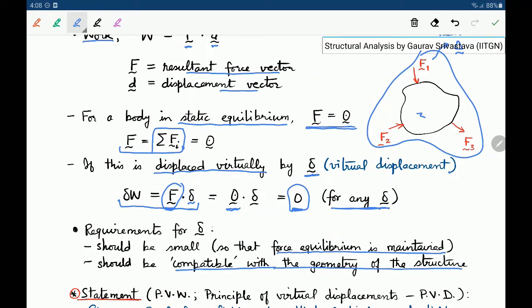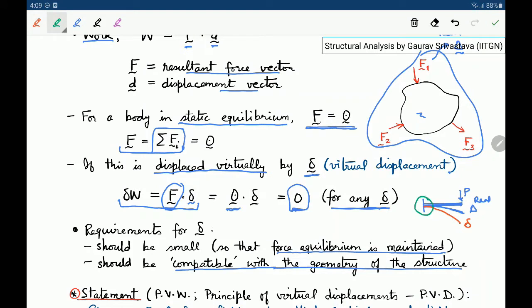Let's say there was a beam, and this beam had a load P, a real force P, because of which there was some deflection. Let's say this is delta, the real displacement. Now if we apply a virtual displacement to this beam, let's say this is small delta, which is virtual.